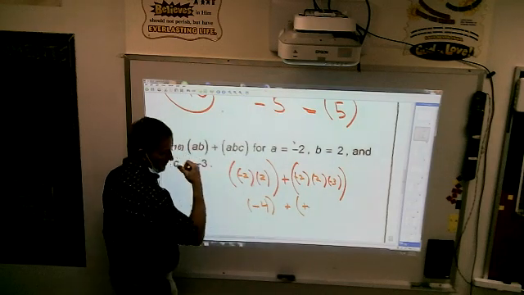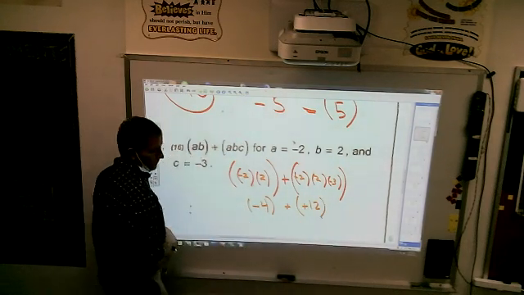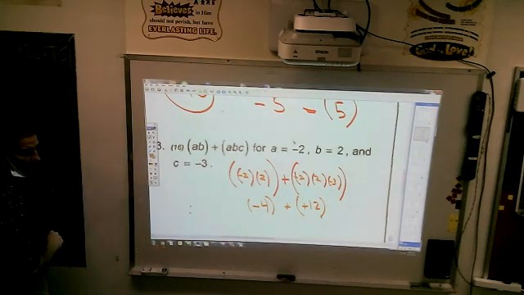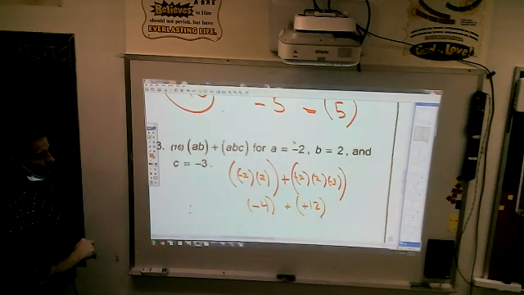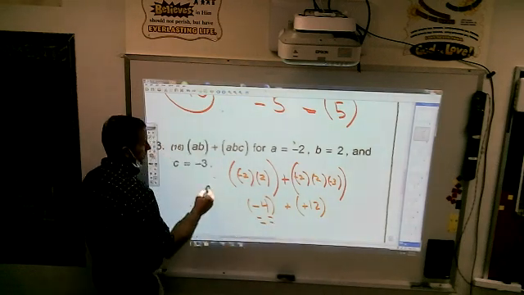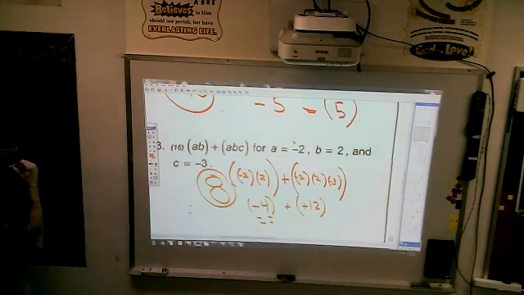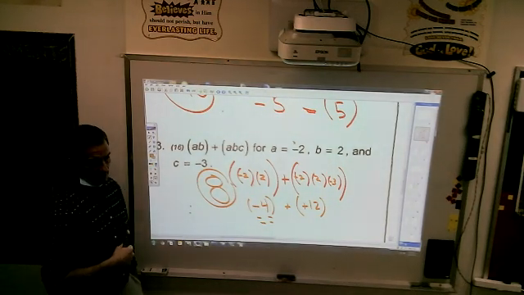And 2 times 2 times 3 is 12. So what is negative 4 plus 12? 8. 4 negatives, 12 positives. You can put plus 8 if you want, but there's no real reason to. What'd you get, Jacob? I put negative 4 instead of positive 12. And there is the crux of the matter.